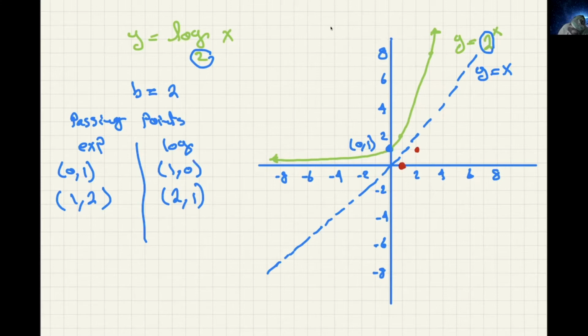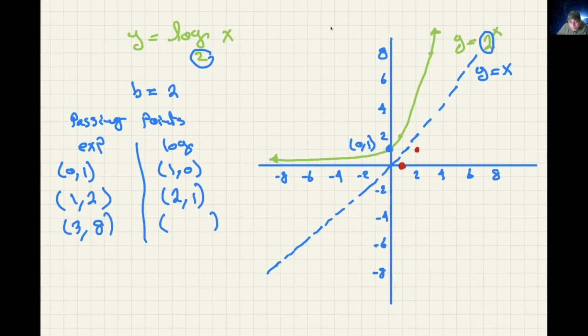I'm going to graph this simply, but I need some other points. Let's say x is 3. For the first function, if x is 3, then I have 2 to the 3, or 2 cubed, which is 8.